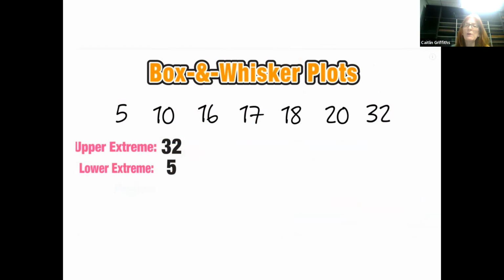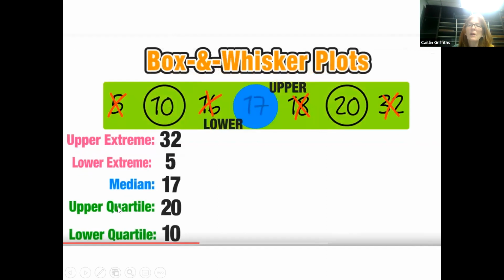And you're not really looking for a range to do that. Like if you were asked for a range right now, you would subtract 32 minus 5 and come up with the range. But right now, what you're finding are 5 different points that you're going to put on this plot. So the first 2 things you find, the highest number, the lowest number. Okay, so we called that the upper extreme and the lower extreme.